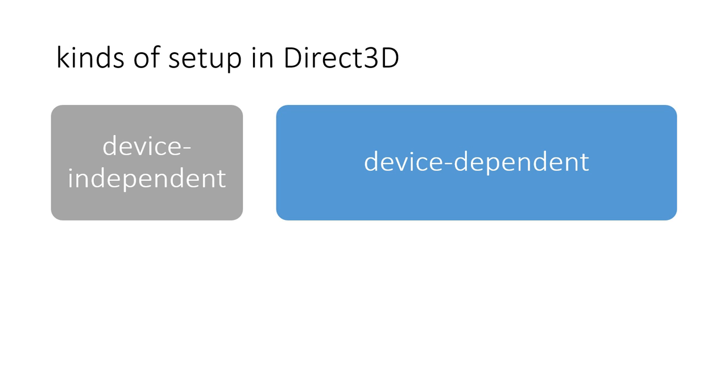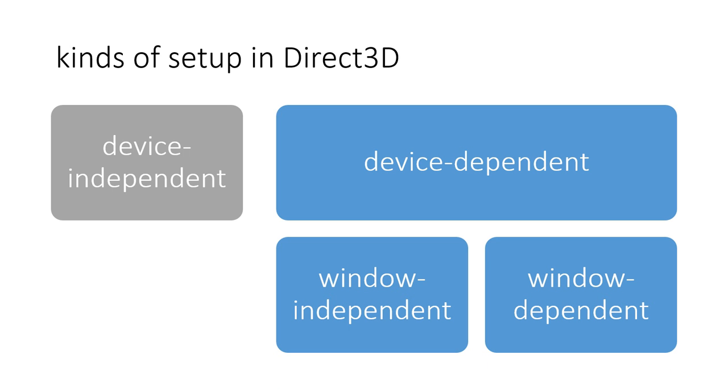The device dependent side is broken down into two bits of work: stuff that's independent of properties of the window, and stuff that is dependent on properties of the window. If something about the device changes but it's not something about the window, then you just have to run that leftmost blue box.